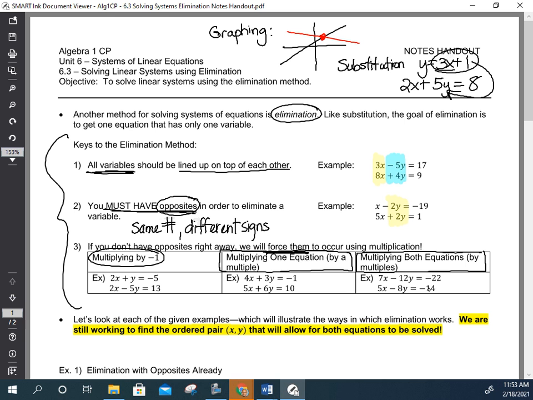We're going to look at each of the following examples. We're going to do a basic example, and then we're going to do 3 examples in which we're going to force the problem to work.